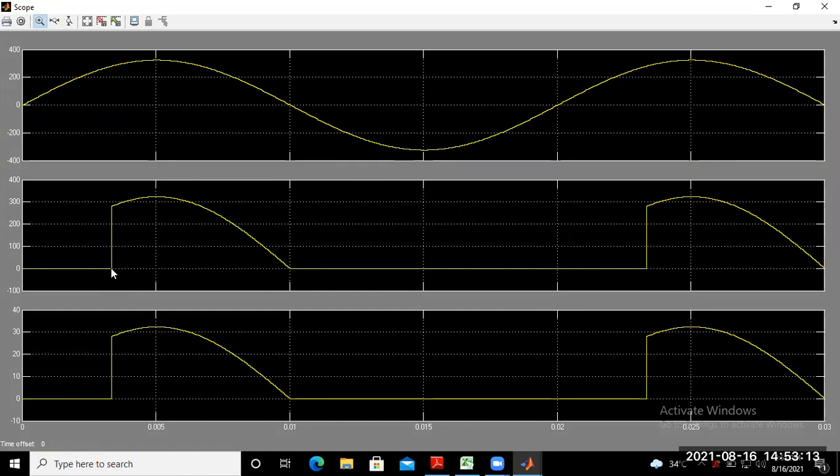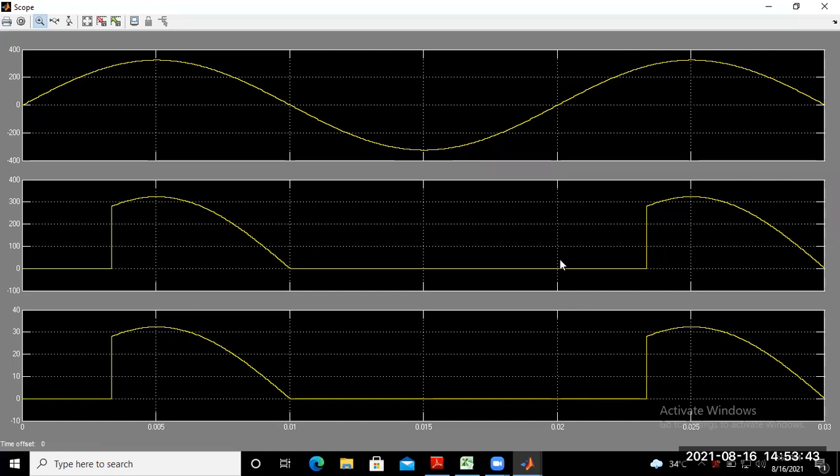Okay. So when the gate pulse is provided, after that the output voltage you may obtain is similar to the input voltage waveform. So from this instant we get the output voltage similar to the input voltage up to pi. Okay. So again pi to 2 pi is 0, and after 2 pi at this instant the thyristor becomes forward biased.